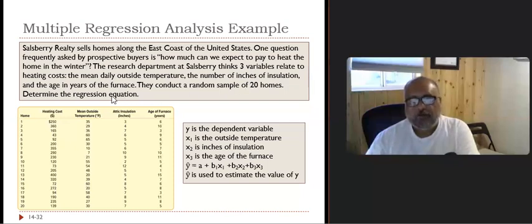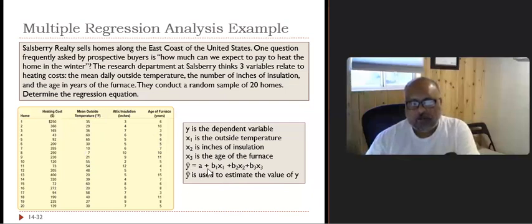Now, we need to find a regression equation. In this case, it's a multiple regression type of analysis. We can use the data given to us. y is the dependent variable, x1 is outside temperature, x2 is inches of insulation, x3 is age of the furnace, and we can create an equation.